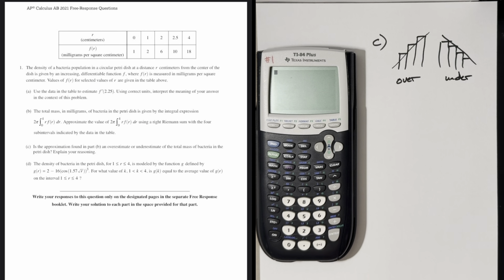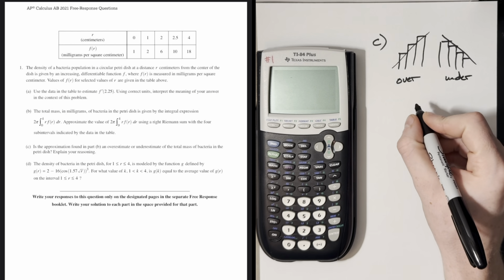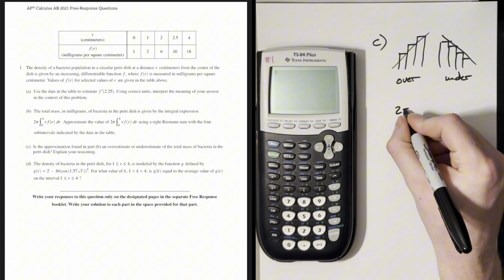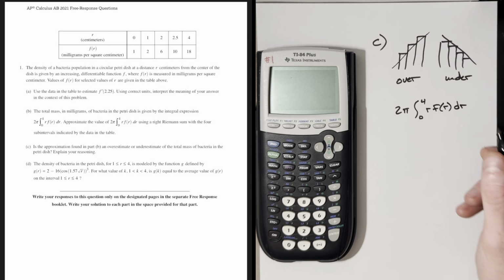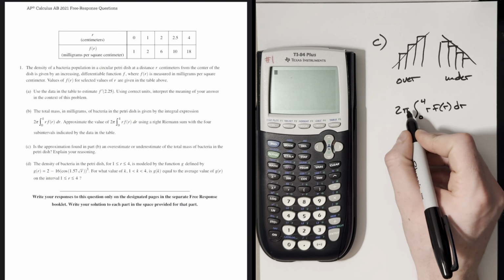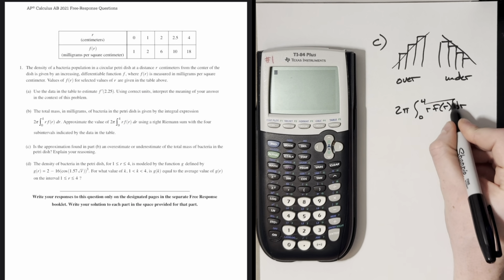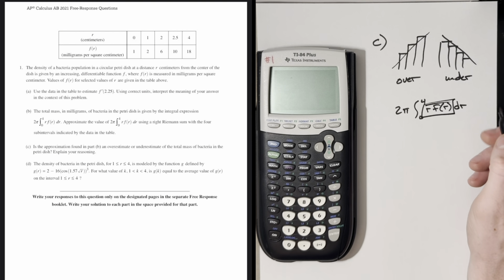Now, we know that we are trying to approximate this 2 pi times the integral from 0 to 4 of r times f of r dr. So the Riemann sum for the function that we're actually integrating, because 2 pi is positive, is this r f of r deal.